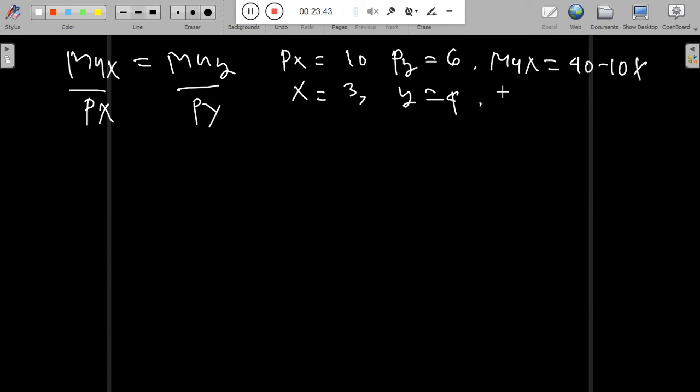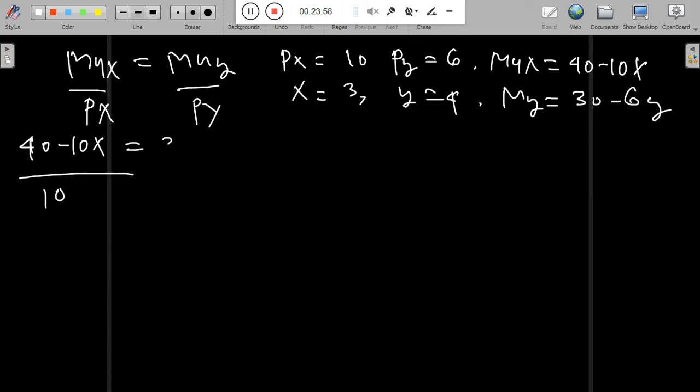The marginal utility of X is 40 minus 10X, and the marginal utility of Y is 30 minus 6Y. So 40 minus 10X divided by the price of X, which is 10, is equated to 30 minus 6Y divided by the price of Y, which is 6.